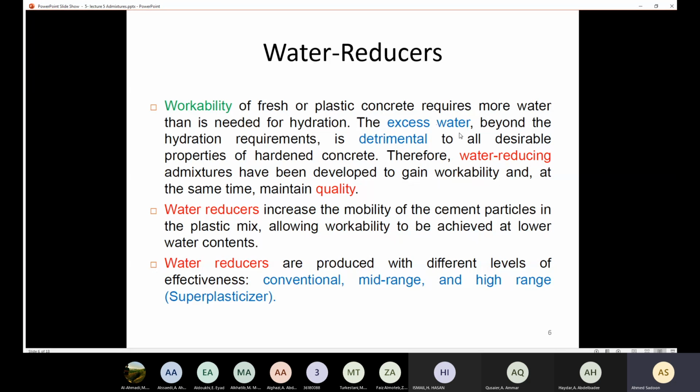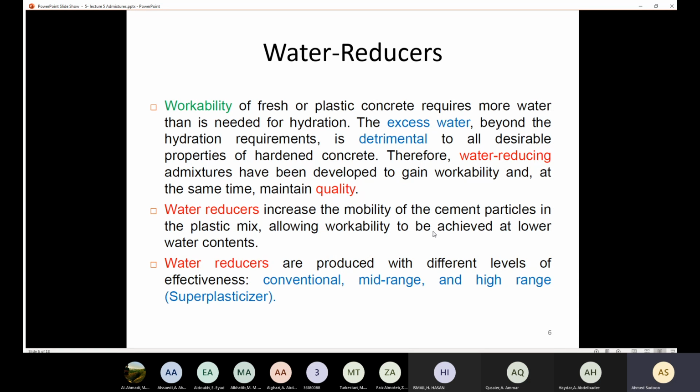So therefore, we developed the water reducing admixtures. The purpose of the water reducers: we need to have workability, but at the same time, we need to maintain the quality by not increasing the amount of water. So the water reducers increase the mobility of cement particles in the plastic mix. And by doing this, we are going to have workability achieved at a lower water content.